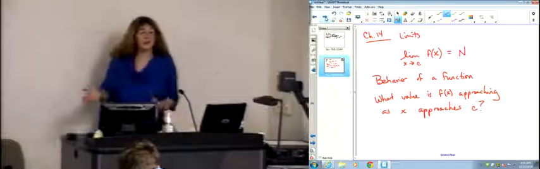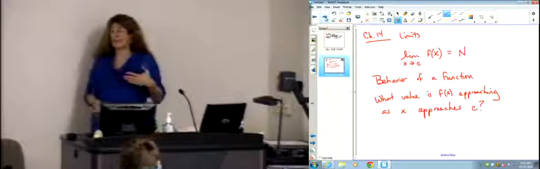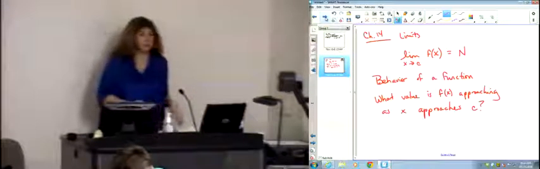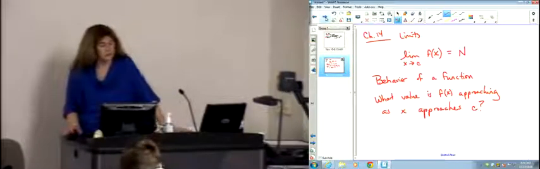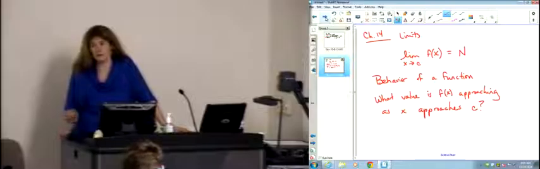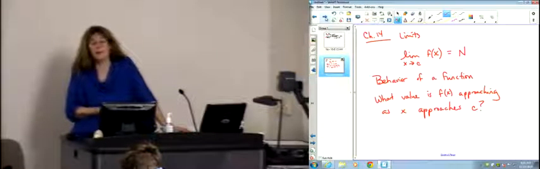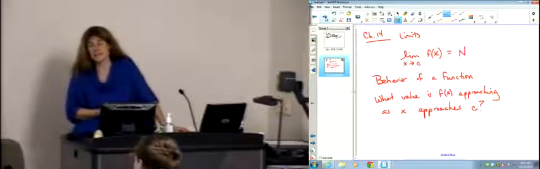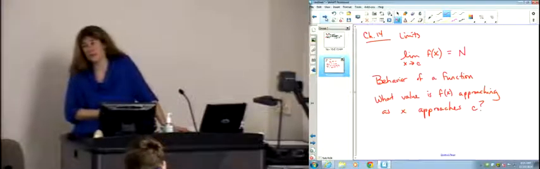We're saying whatever that value is, that's what we're calling n. That's the value the function's approaching. We're looking at what's going on with the function when the x's are getting closer and closer to a particular value. And we look at what happens as the x's approach that value from both the left and the right.